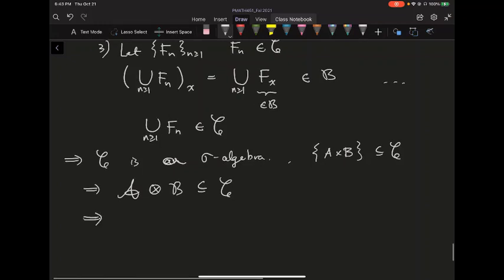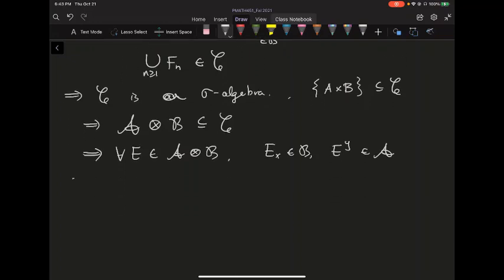By definition, it says that for every E inside A cross B, E_x is inside B and E_y is inside A. That's by the definition of C. So there's a little trick: we show that when you take sections of a measurable set, you get something measurable. Once we prove this, the next is fairly simple.